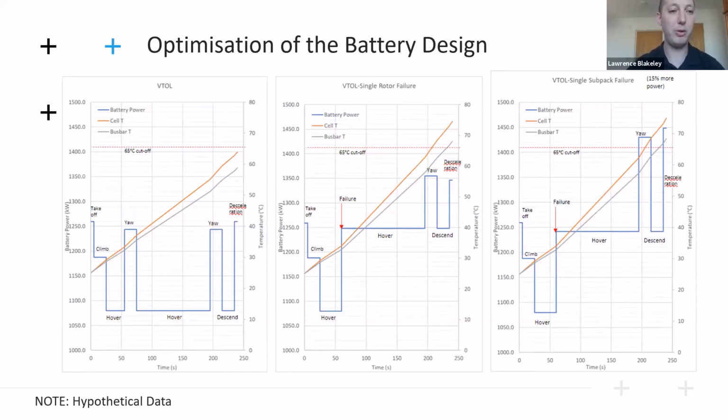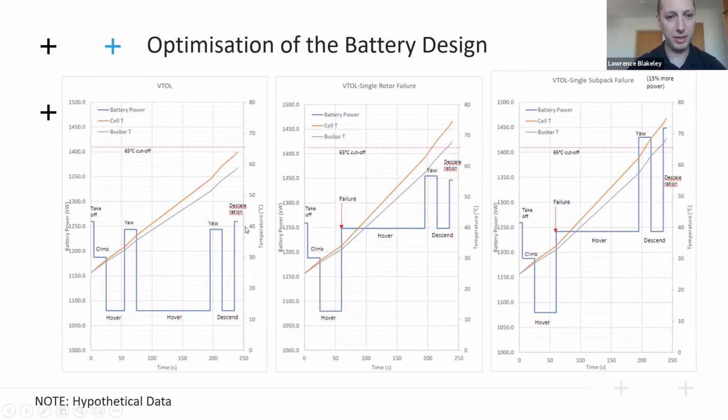As soon as we yaw, the power level increases. We then stop that yaw maneuver and we hover, so we drop down to the lower power level for hover. And then in this mission, we reverse, descend, obviously not as high as the climb level, but we still need a significant level of power for controlling the vehicle.